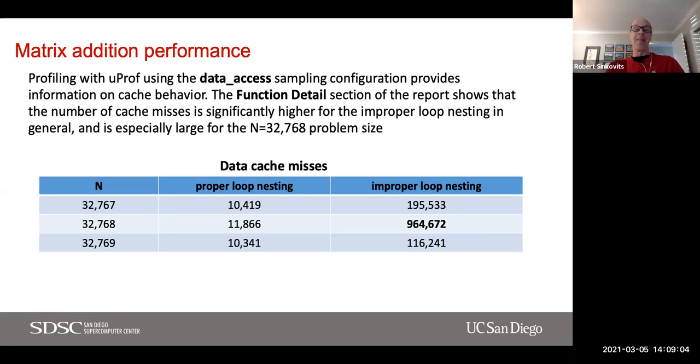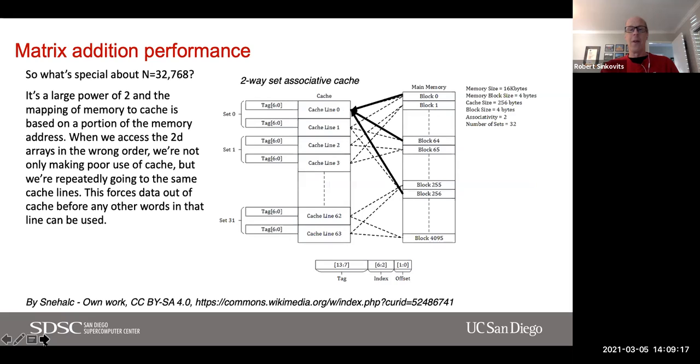Our problem size is a large power of 2, in this case 2 to the 15th. If we go back and look at how main memory is mapped to the cache, we're going to find that when we're doing a stride with a large power of 2, we keep banging on the same cache line.